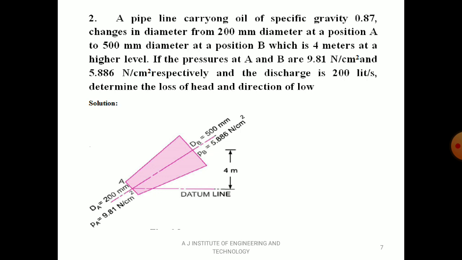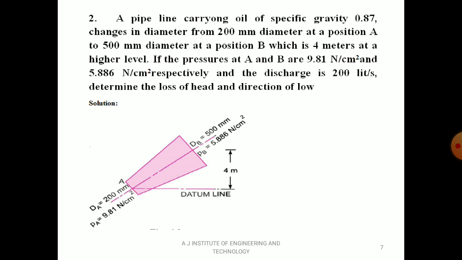Pipeline carrying oil of specific gravity 0.87 is given. Specific gravity equal to density of given fluid to density of standard fluid. So density of given fluid is 0.87 into density of standard fluid, that is 1000, water. 0.87 into 1000, so 870 kg per meter cube.